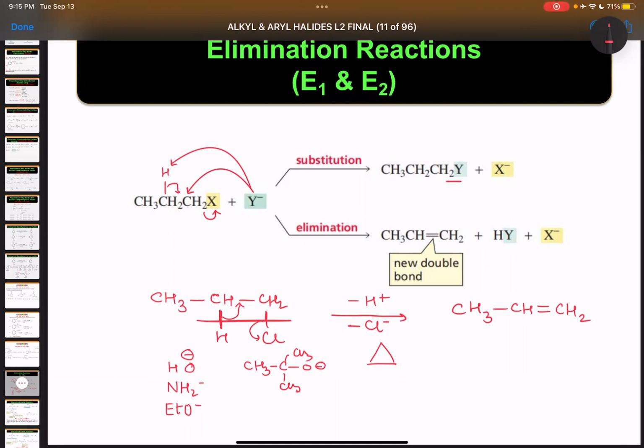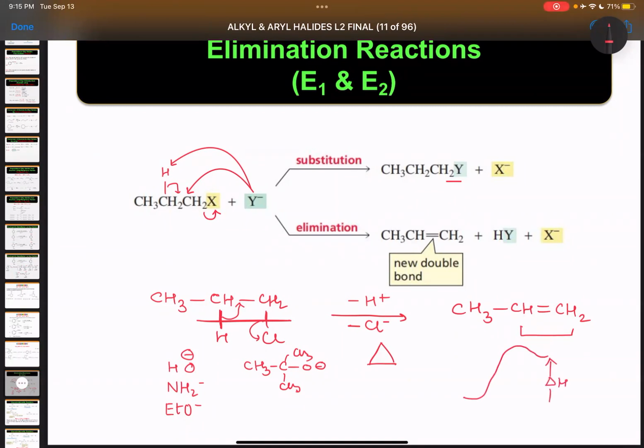Sir, because the base is not very reactive. No, sometimes you can take strong bases which are very reactive. NH2 minus is a very strong base. So heat is required. Actually, this alkene that is forming has a weaker bond. So if you see the energy profile, this is going to be an endothermic reaction.